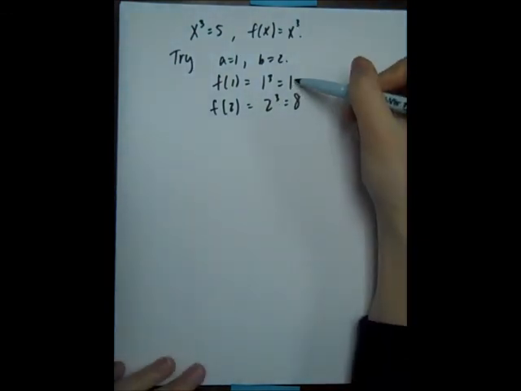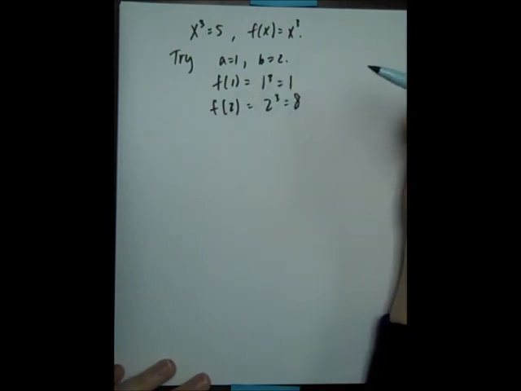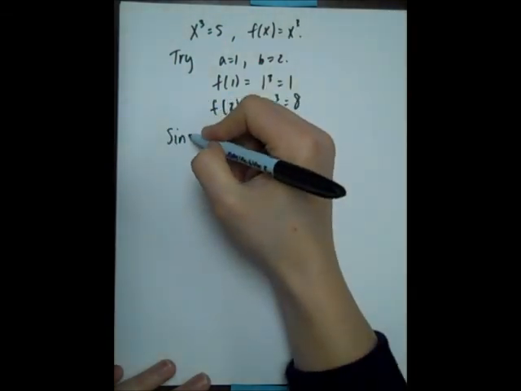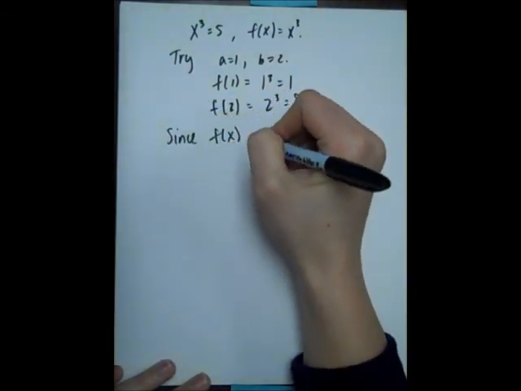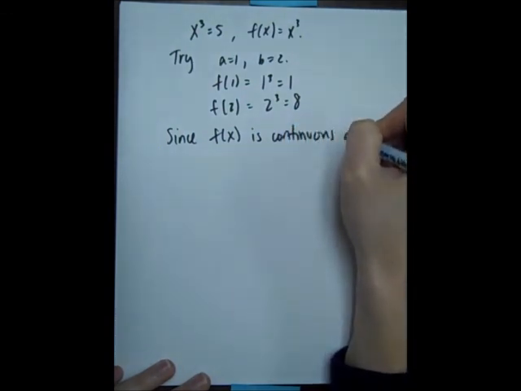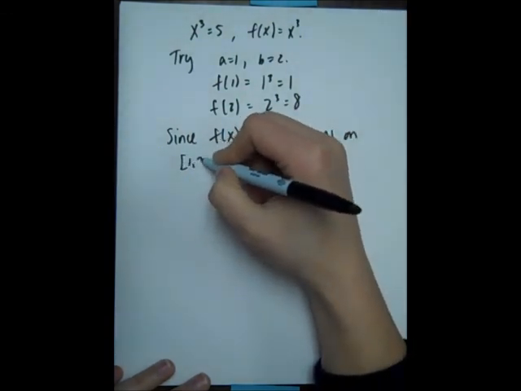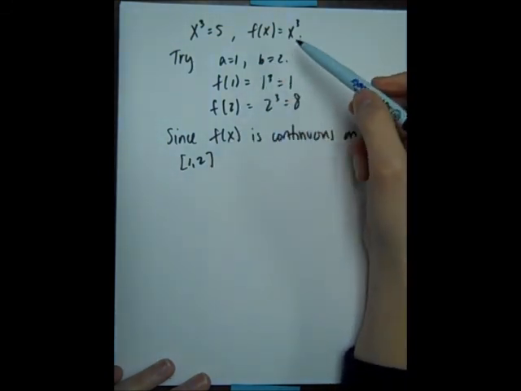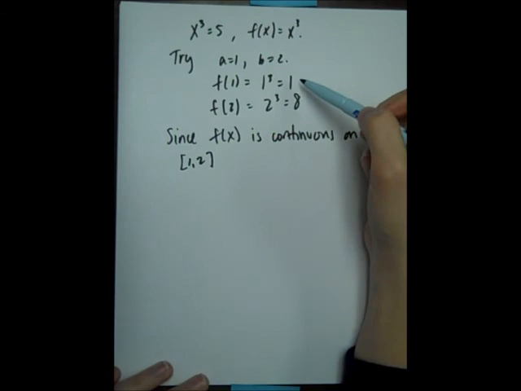Does 5 live between 1 and 8? Definitely does. That means that there has to be some c value between 1 and 2 corresponding to 5, because f of x is continuous on the interval from 1 to 2, those are the values I chose. And these are definitely not the only values you could have chosen. You could choose anything so that f of the first one is less than 5 and f of the second one is greater than 5.